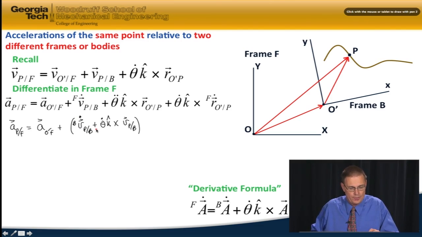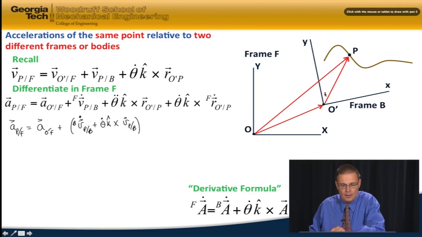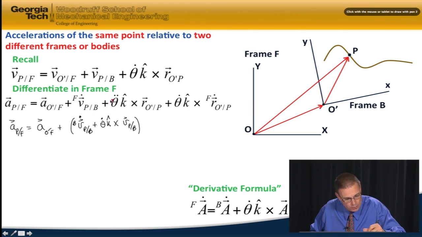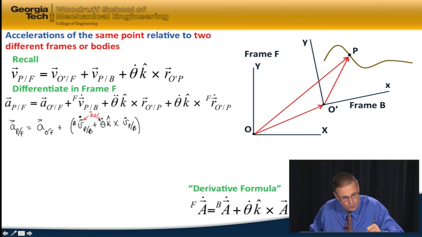The simpler terminology you should come up with is: this is the derivative of the velocity with respect to the B frame, taking that derivative in the B frame. So that's the acceleration of the point P with respect to the B frame, or what we often refer to as the relative acceleration. So this is the acceleration of P with respect to B. And then we continue on.